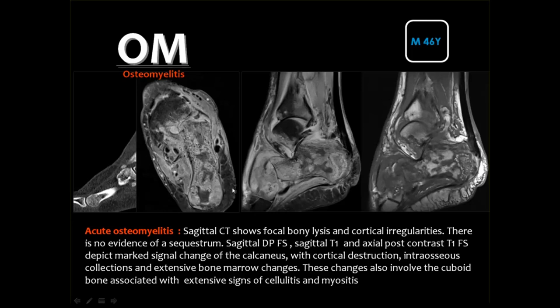And also in the axial image, you can see the soft tissue inflammation. All that appears bright in this STIR image represents fluids in the soft tissues, indicative of inflammation.